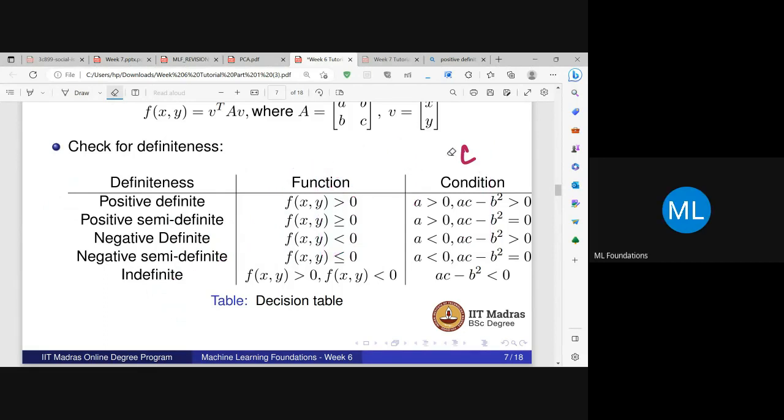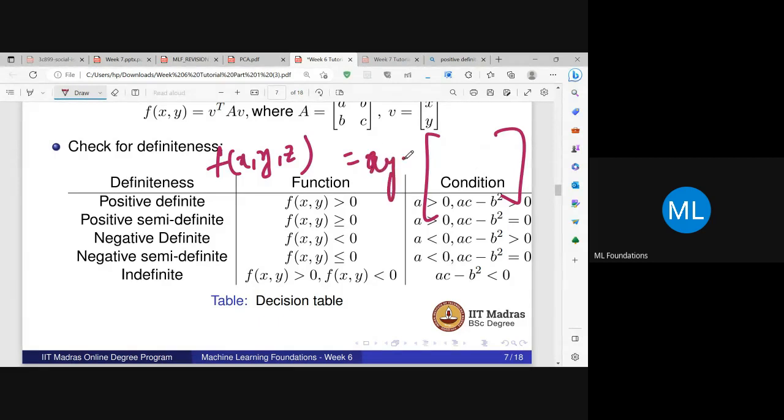So this is what I was telling. The method is to compare the values. You have some standard equation. You write a matrix and multiply with xyz and xyz transpose, and you get the standard function.